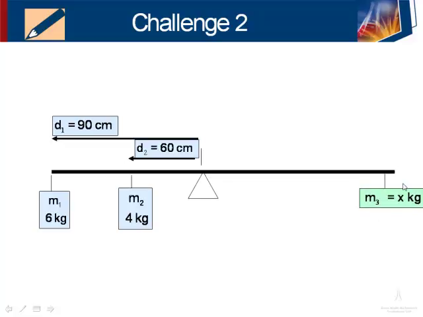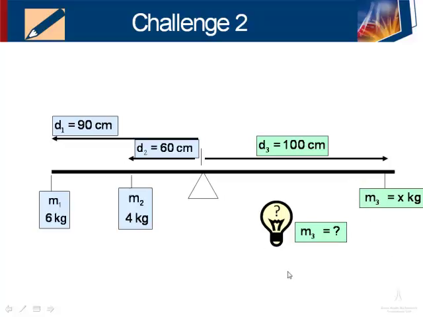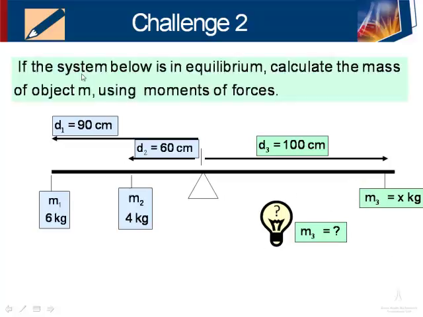if we put a mass on this side of the lever system at a distance of 100 centimeters from the fulcrum, we now need to be able to calculate mass 3. So if the system below is in equilibrium, calculate the mass of object M using moments of forces.